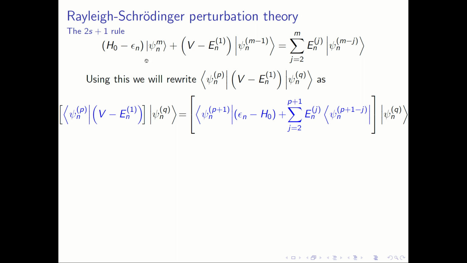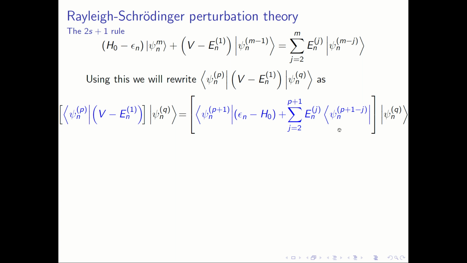So all we have done is move this term to the other side, so it becomes epsilon n minus H0 and psi n p plus 1. Here you have psi np, so with m minus 1 you had m, here you will have p plus 1. And of course the same thing happens here. So for m you have p plus 1 minus j, so m minus j, and the upper limit here instead of being m is just p plus 1. So this is what you have.